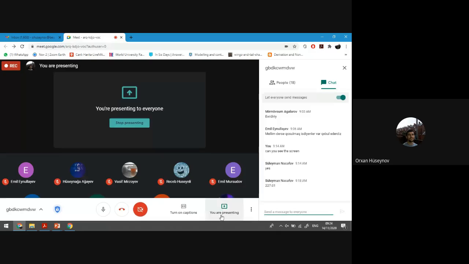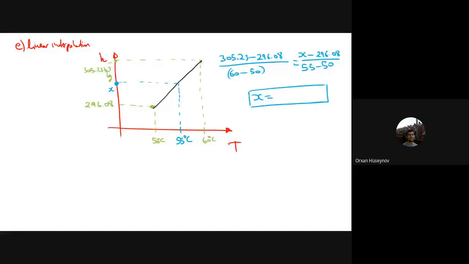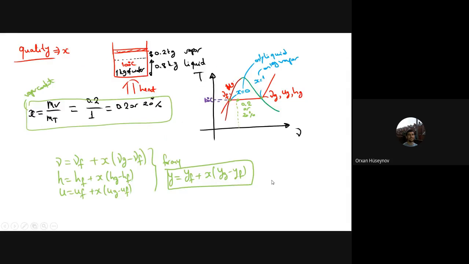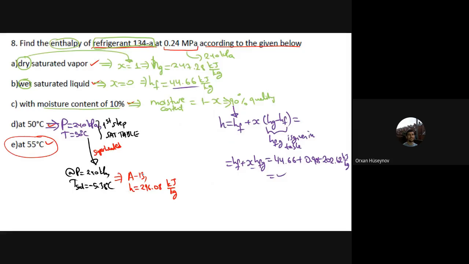Okay, so if you have the values, you can tell me. So yes, Suleiman has found the first one, which is 227.01 kilojoules per kilogram.